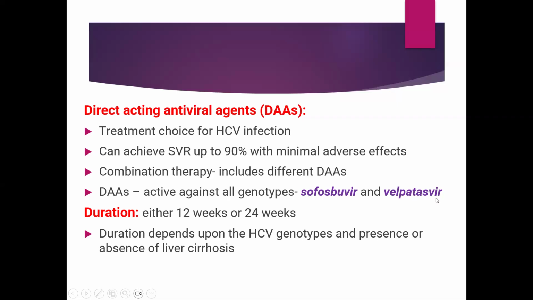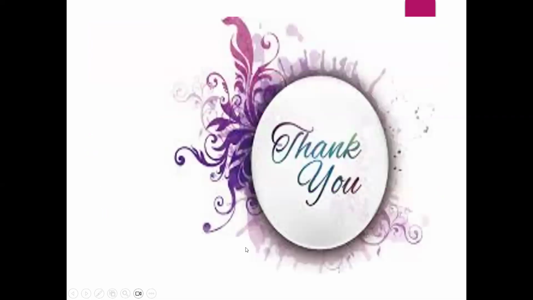How long do we use these drugs? Minimum for 12 weeks or 24 weeks. The duration of treatment depends upon the HCV genotype and the presence or absence of liver cirrhosis. Thank you.